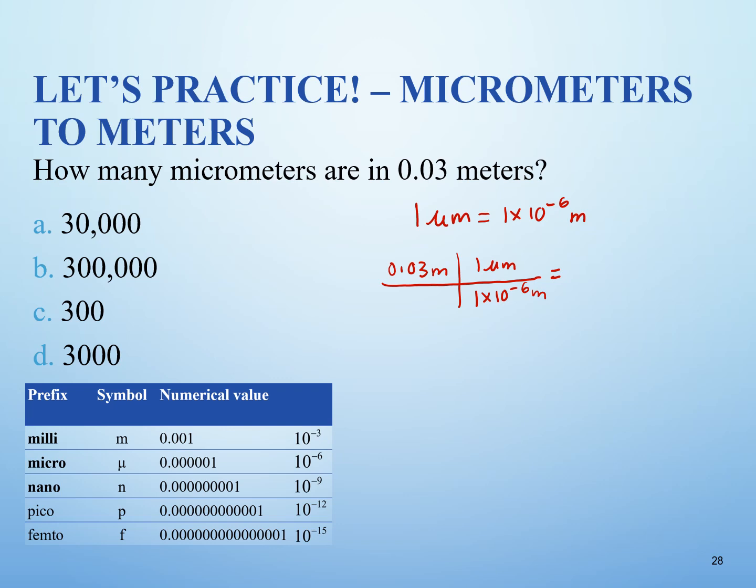You will get 30,000. You see how this is one sig fig here? This is also one sig fig right there. So our answer 30,000 is going to be A right there.